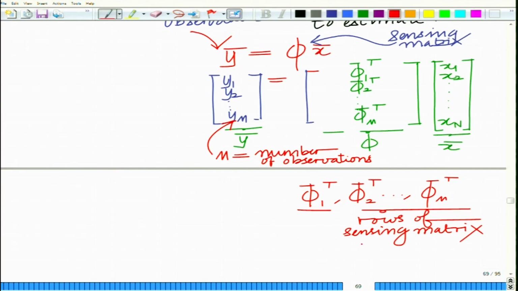So what are we doing? We are making these m observations y1, y2, ym through this sensing matrix phi.